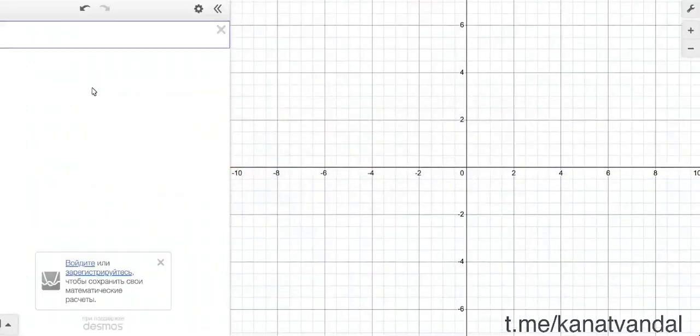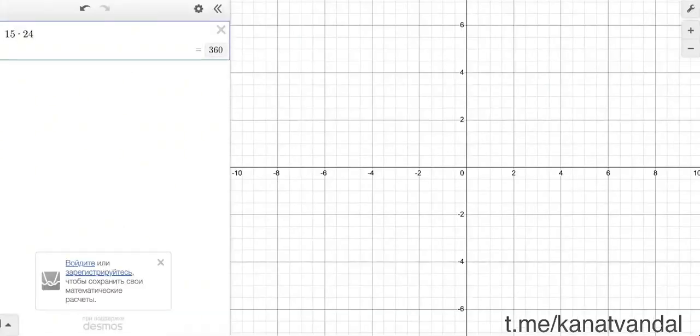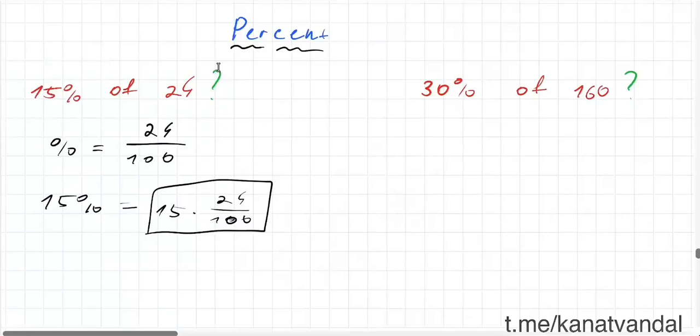Let's go to Desmos and calculate it. 15 times 24 over 100, and this is 3.6. So we say that 15% of 24 is 3.6. This is very simple. You should just know the definition of percent, and it already makes it possible to calculate all sorts of percentage problems.